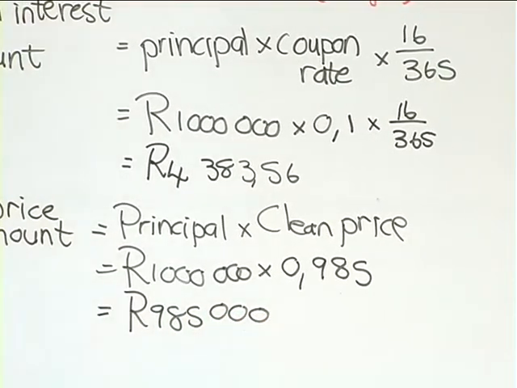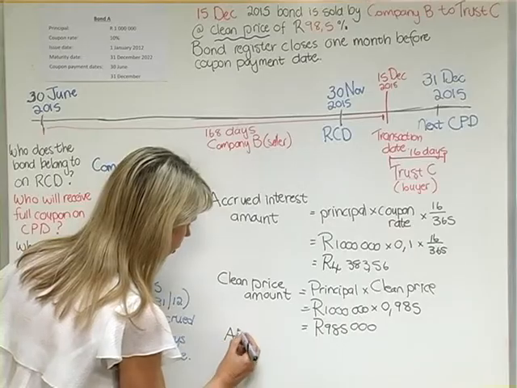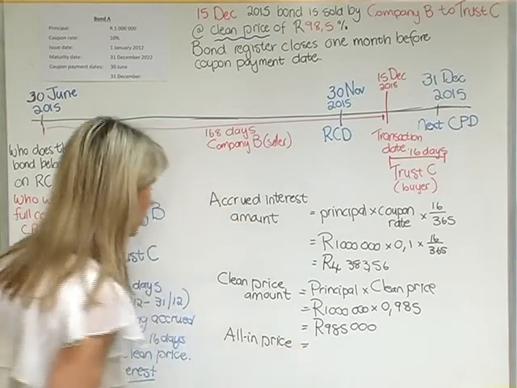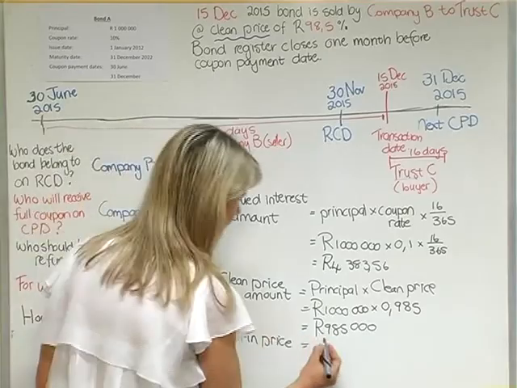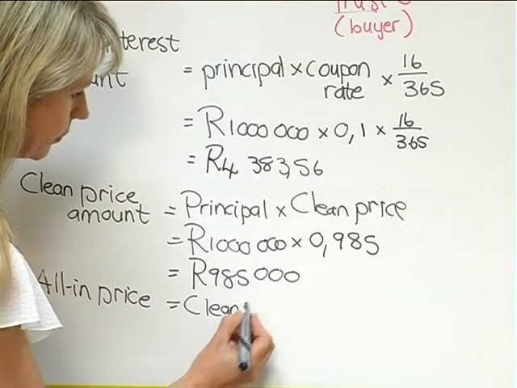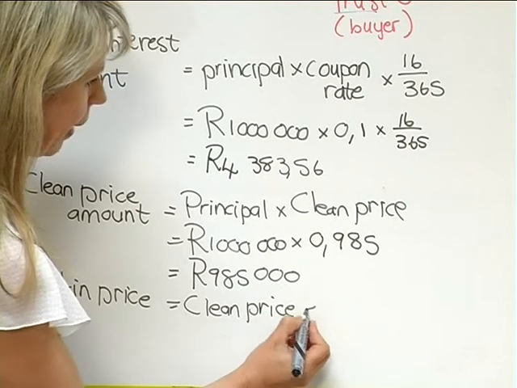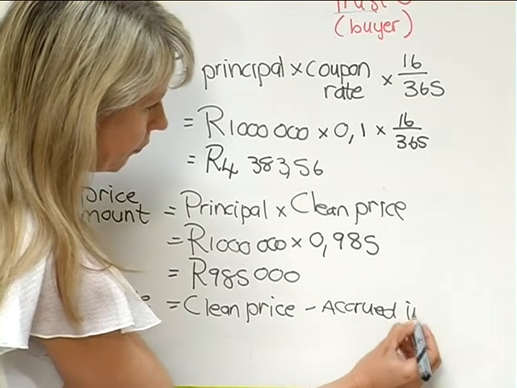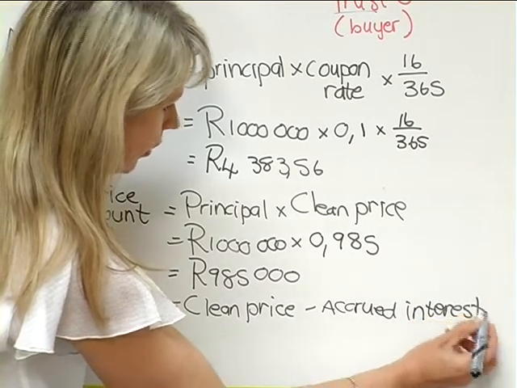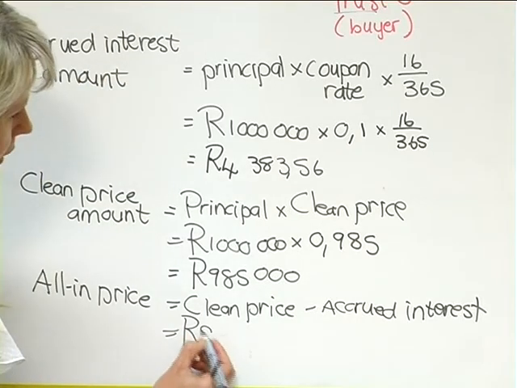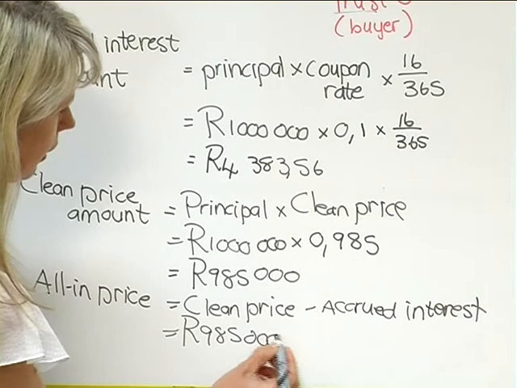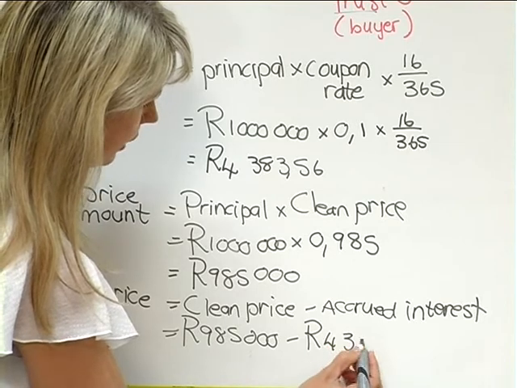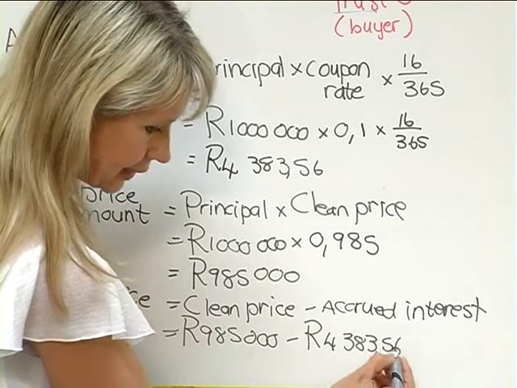Now we want to calculate the all-in price, and the bond trades X interest, so it is clean price amount minus accrued interest amount. The clean price, 985,000, minus accrued interest, 4,383 rand and 56 cents.